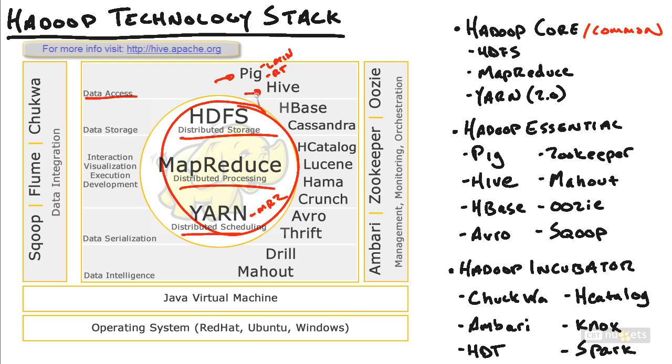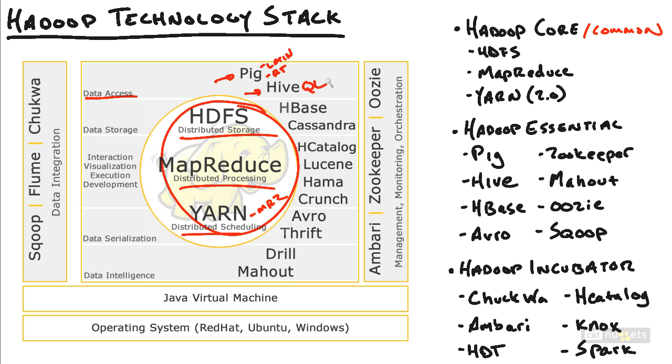Hive is another data access project, extremely popular, just like Pig. Hive is a way to project structure onto the data inside of our cluster. So it's a database and a data warehouse built on top of Hadoop. And it contains a query language called HiveQL, right? Kind of like SQL. It's a Hive query language, HiveQL, as we call that. And it is extremely similar to SQL. Not nearly as deep and complex, but all the basic stuff is there.